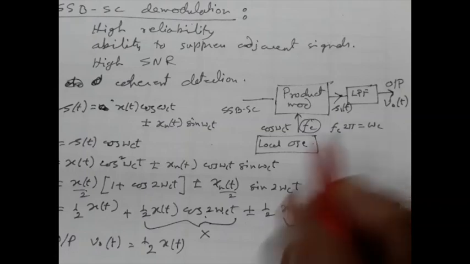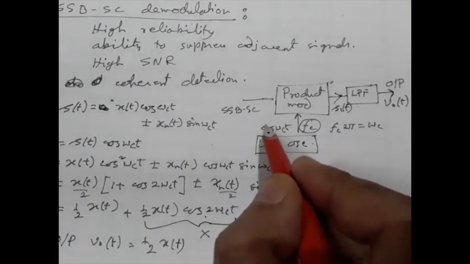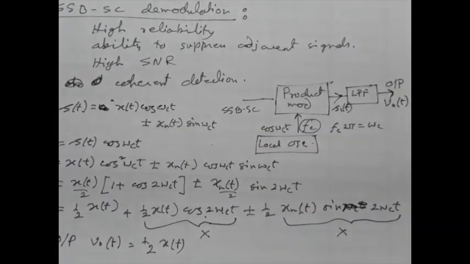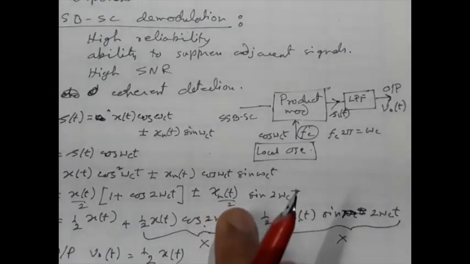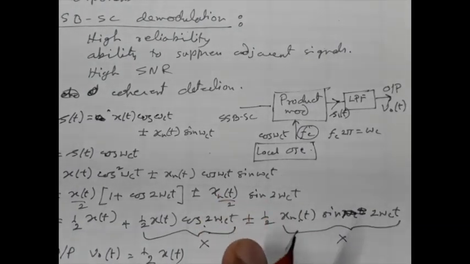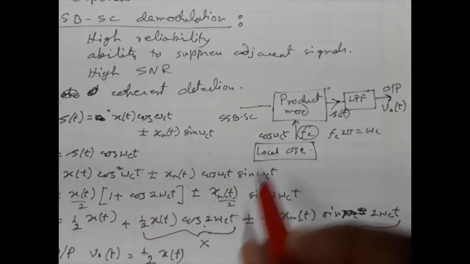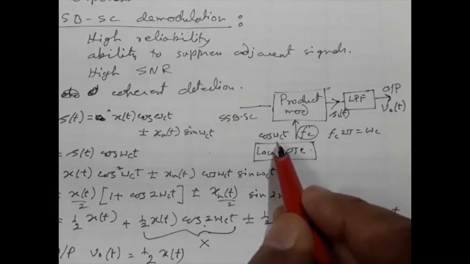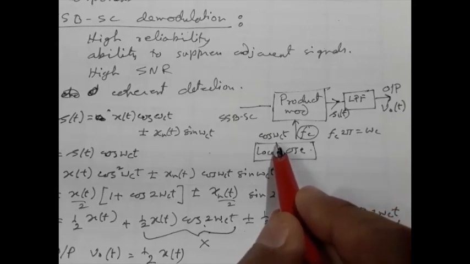But here we have assumed that there is no phase and frequency error. We already went through the phase and frequency error associated with the detection of DSB-SC signal. Now here also, in a similar way, we have phase and frequency error.